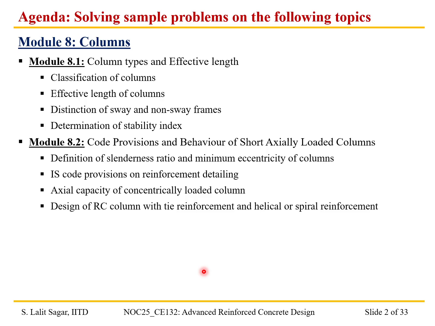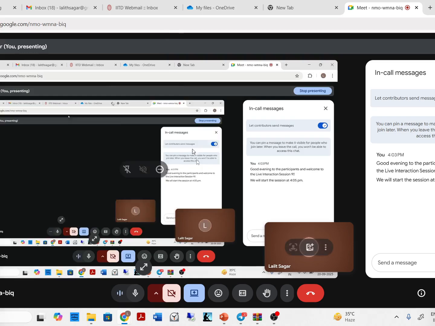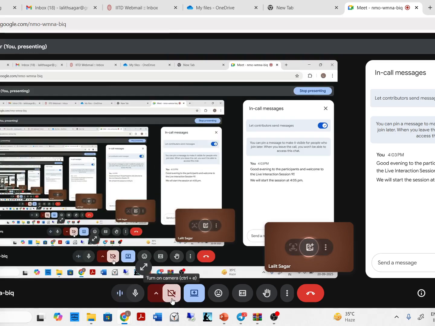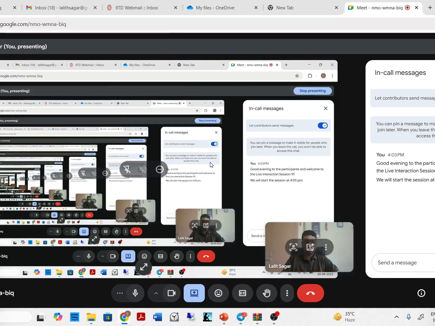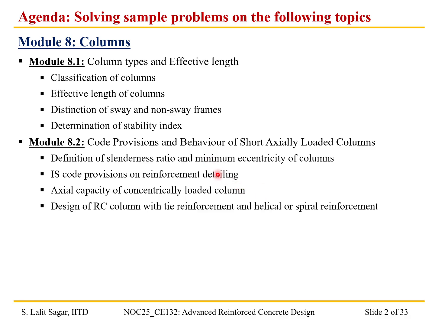This will be the agenda for today's session. As always, we will be solving some sample problems, as we have been doing from the very first week of the live interaction session.